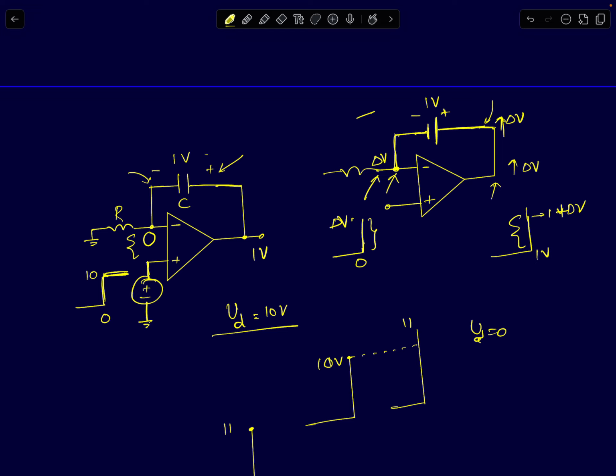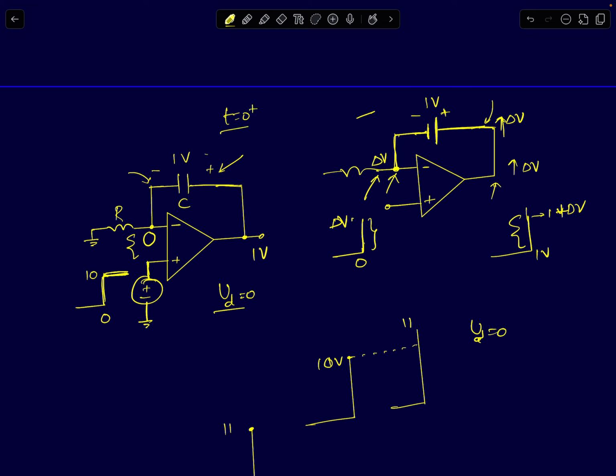At this point, the differential input to the opamp becomes 0. When the differential input becomes 0, there is no motivation for the output to increase or decrease anymore. I am talking about t equal to 0 plus, just at that time instant.